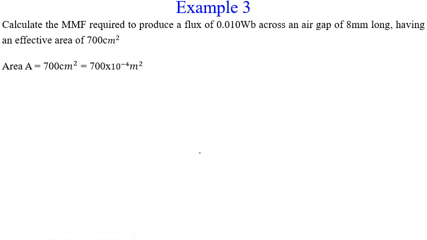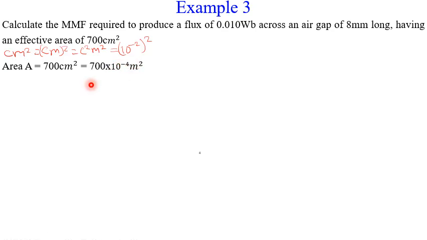For the area, the 700 centimeters squared means cm all squared, which is also equal to c squared m squared. So the 10 centimeters squared simply means 10 raised to the power minus 2 all squared. That is how I got my 10 raised to the power minus 4.